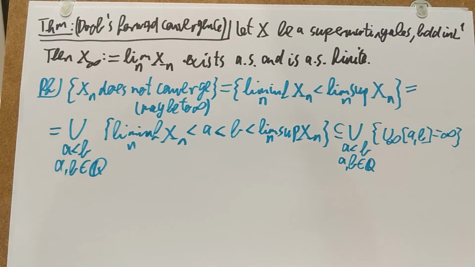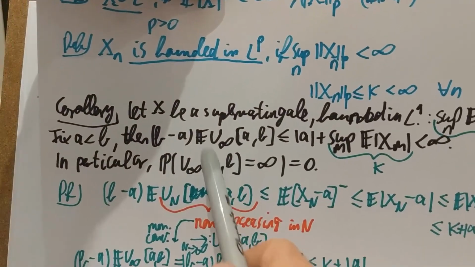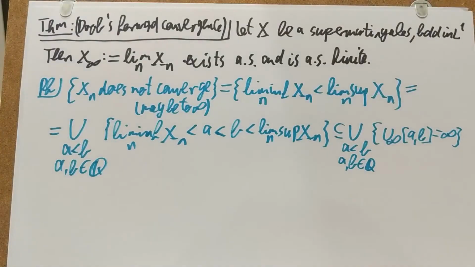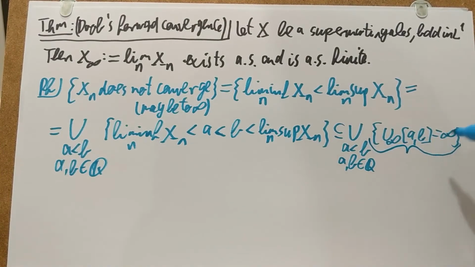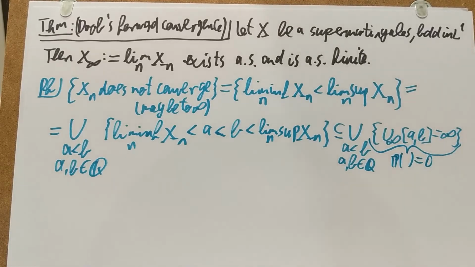Now, according to the corollary we had, for any A and B, the probability that the number of upcrossings is infinite is 0. So each of these events has probability 0. These events will almost surely not happen. And I have countably many of them, and this is why I choose rational numbers.